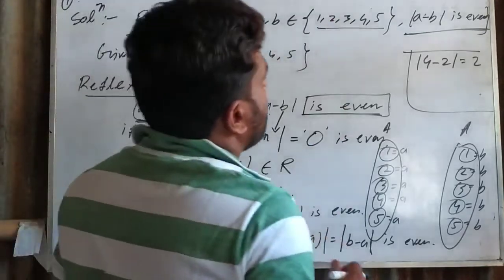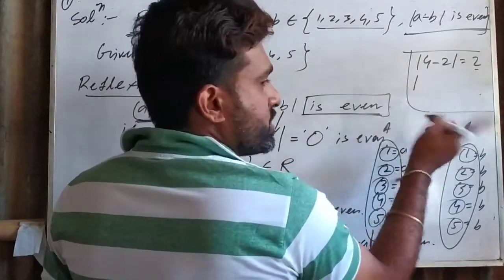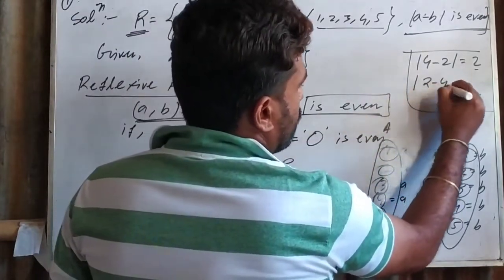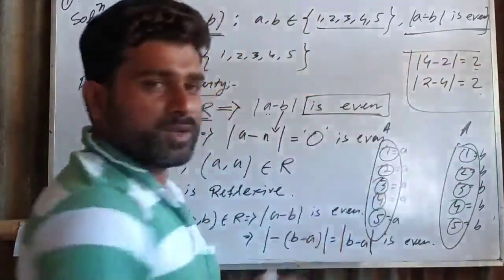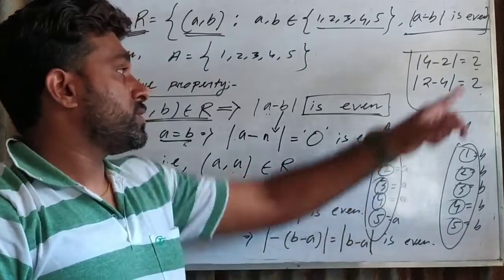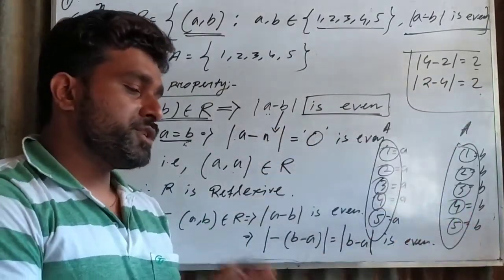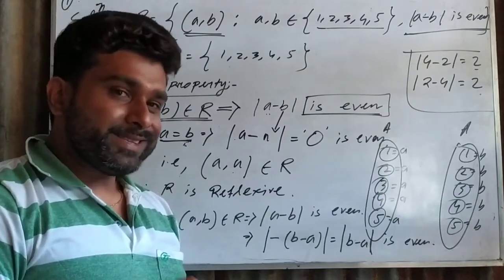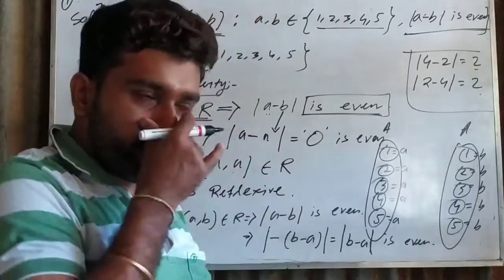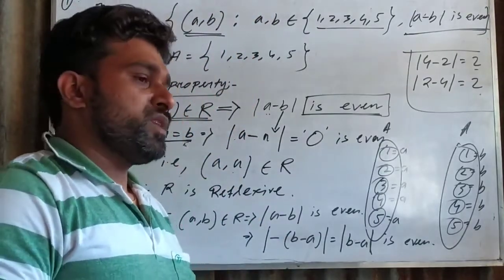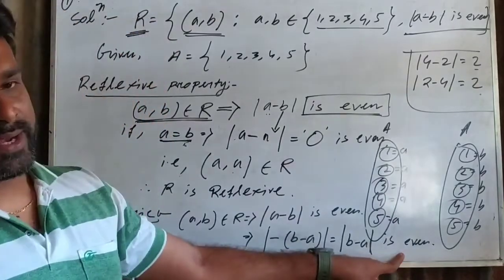Now if you interchange their positions, 2 minus 4, the answer is 2. So both are even numbers. If you interchange their positions, the answer will not change. So mod of a minus b and mod of b minus a are both even numbers.